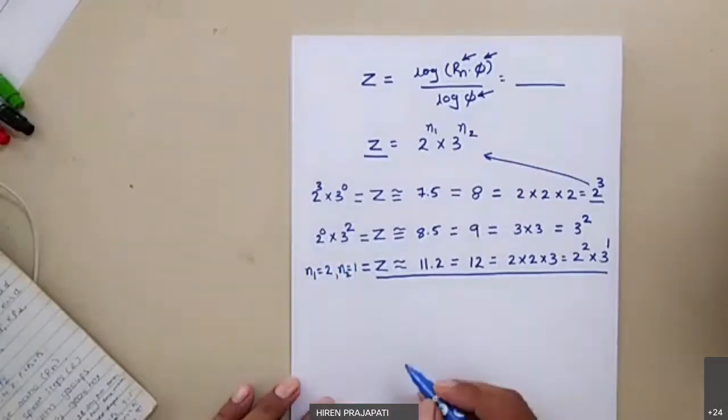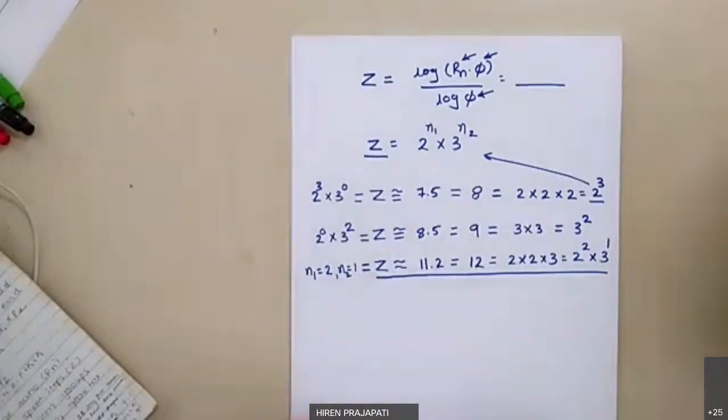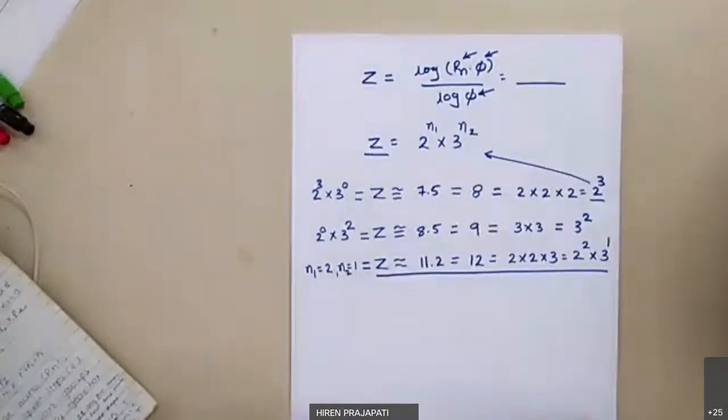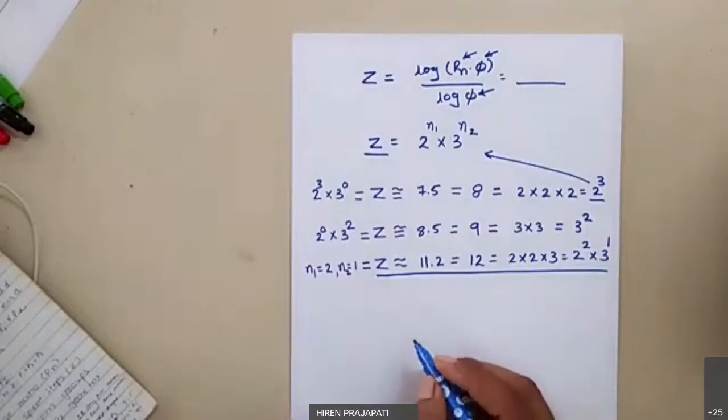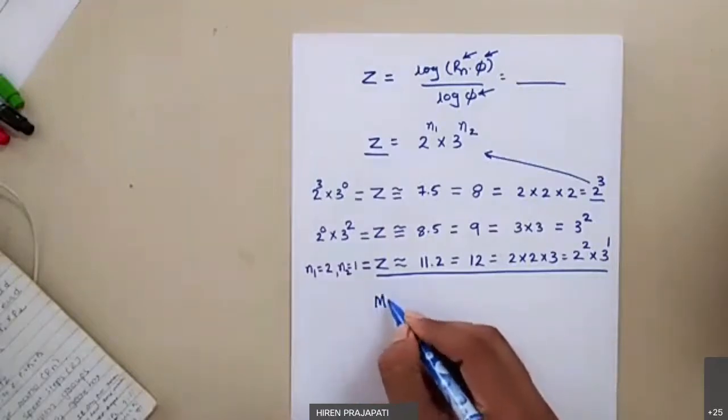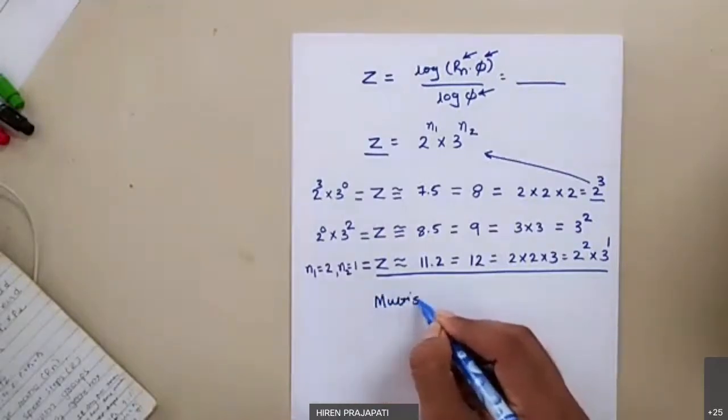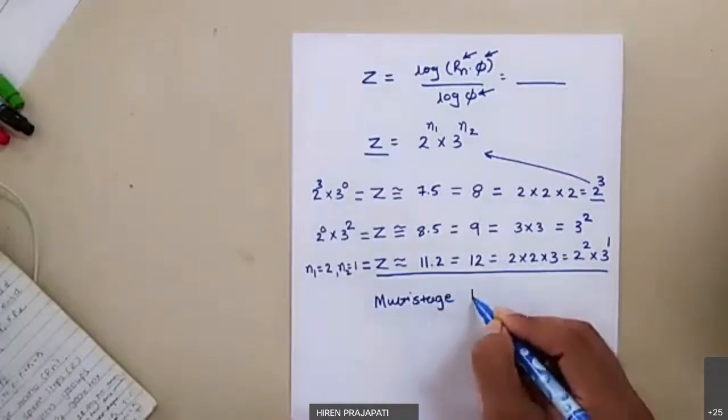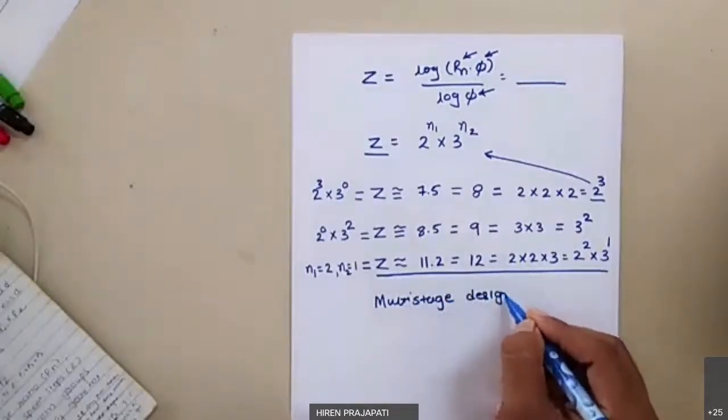Clear? This is what we generally prefer to write for Z, because if you go for geometric progression, the advantage is that we can design the gearbox in multiple stages.